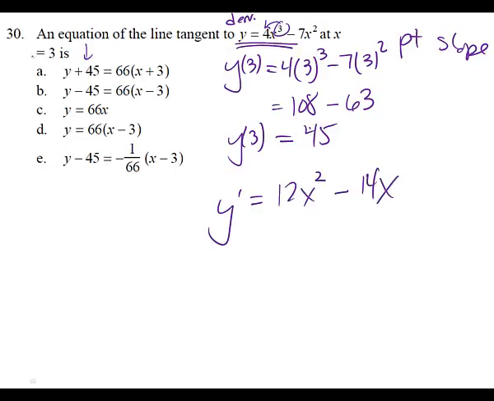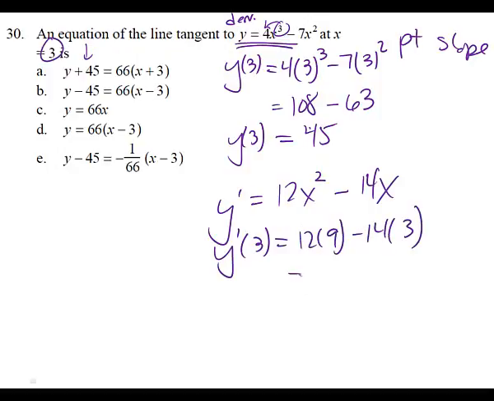Good. And then what do you think I'm going to do with the 3 again? I've got to plug it in again. So let's see. 3 squared is what? 9, and then minus 14 times 3. All right, put that in your calculator. I'm going to guess it's probably 66 because it's not 1 over 66, right? Look at all your slopes. Aren't they the same? Yeah.